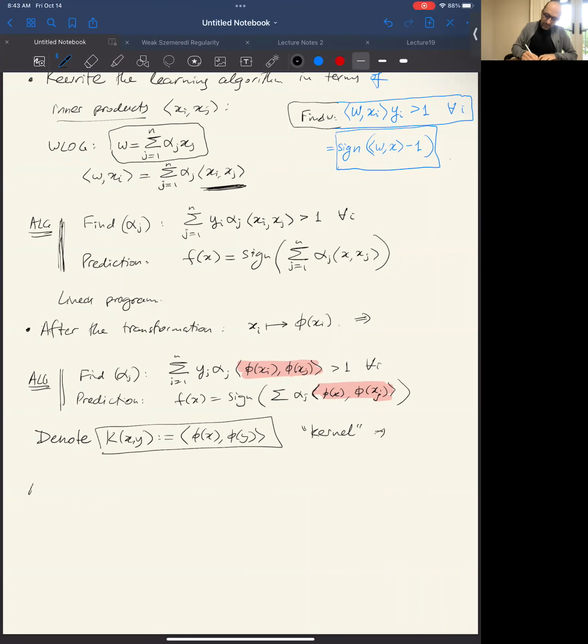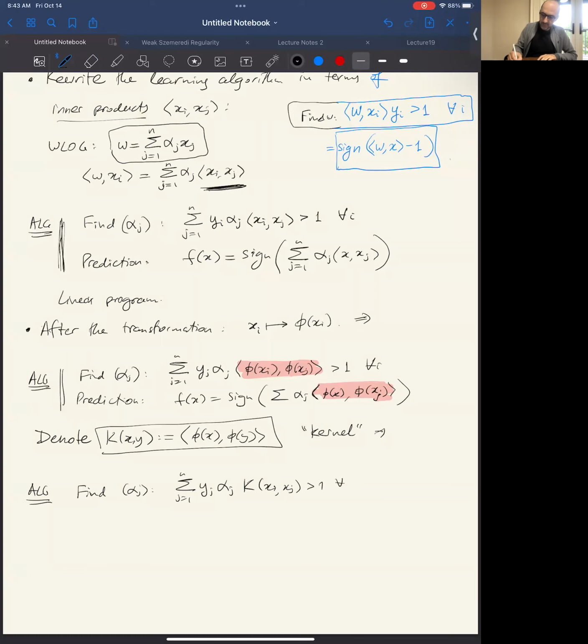And then the algorithm, I'm rewriting it the third time, just with a new notation. Find alpha j such that the sum of alpha j k of xi, xj is greater than 1. I'll be very thorough the first time we do this.